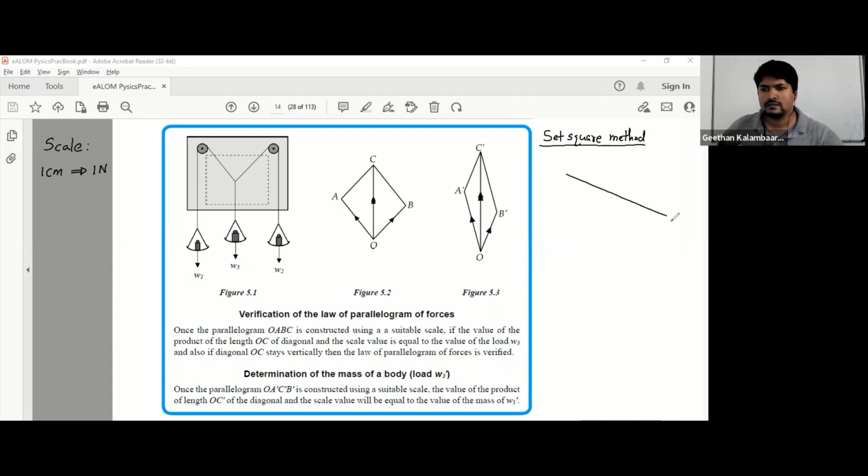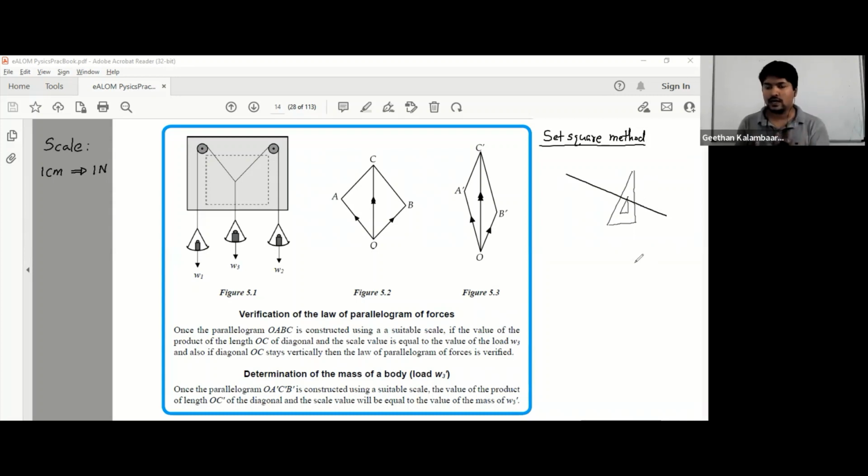You take the set square and keep it on the white sheet. This is your set square, and you keep this side of the set square in a way that it is slightly in contact with the string.